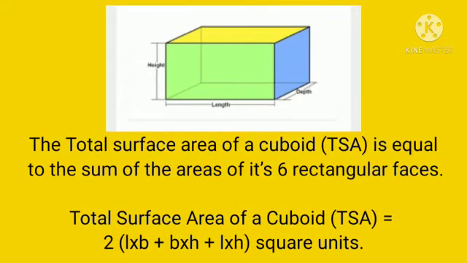The total surface area of a cuboid is equal to the sum of the areas of its 6 rectangular faces. Therefore, the total surface area of a cuboid is equal to 2 multiplied by (length into breadth plus breadth into height plus length into height) square units.